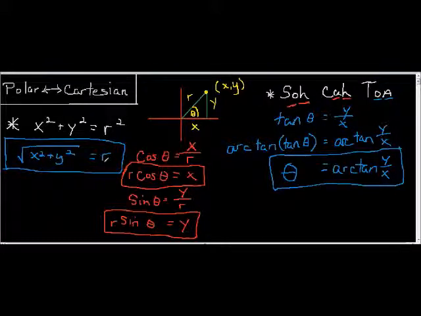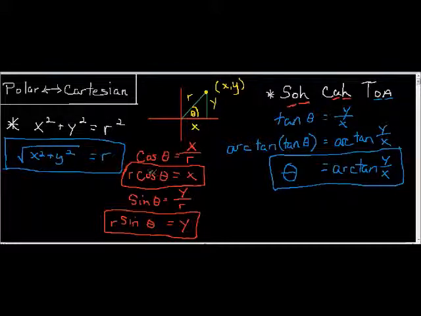So you can see that from our two simple concepts that we learned a long time ago, the Pythagorean theorem and our SOHCAHTOA, we have derived 4 formulas to go from polar to Cartesian and back again.